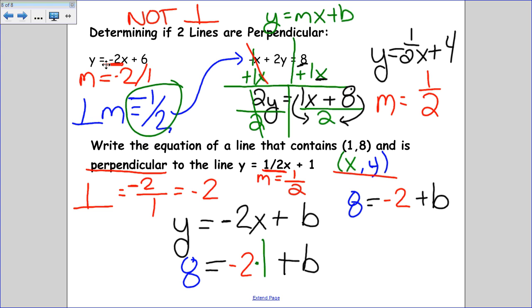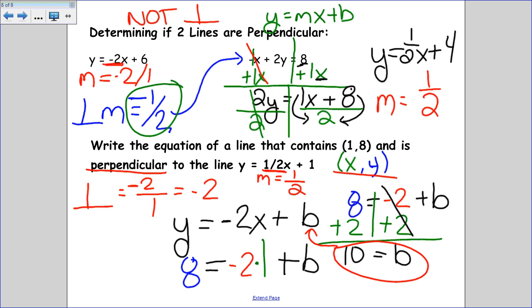All right, how do we find just b? We need to move our -2, so we'll do the opposite. We'll add it to both sides. And we're left with 8 plus 2, which is 10, equals, well, -2 plus 2 is 0, so we're just left with b. Can we now plug this back into our equation, remember?